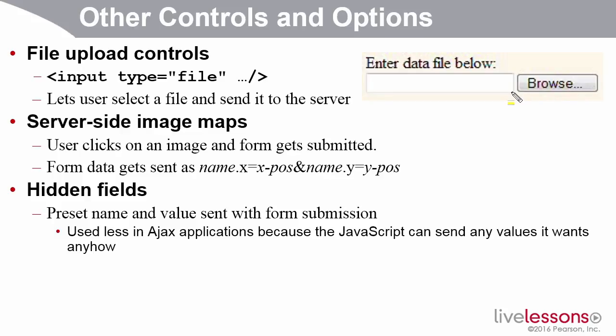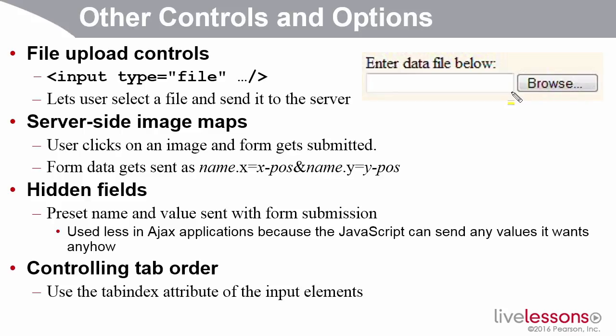So hidden fields are still sometimes used with JavaScript. In particular, if the hidden field is part of the initial form, JavaScript can read it and maybe decide what to do. But JavaScript code can send anything it wants, and the JavaScript code can remember some information anyway, so it's a little bit less common to use hidden fields with JavaScript than with normal form submissions.